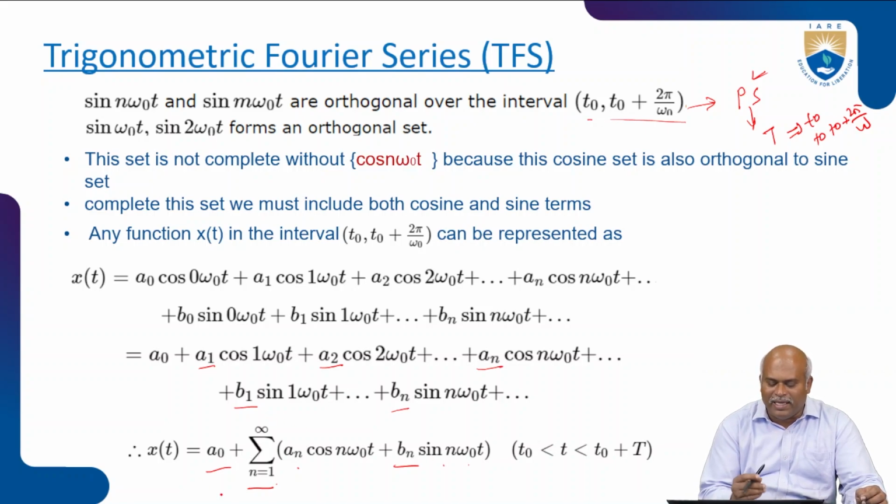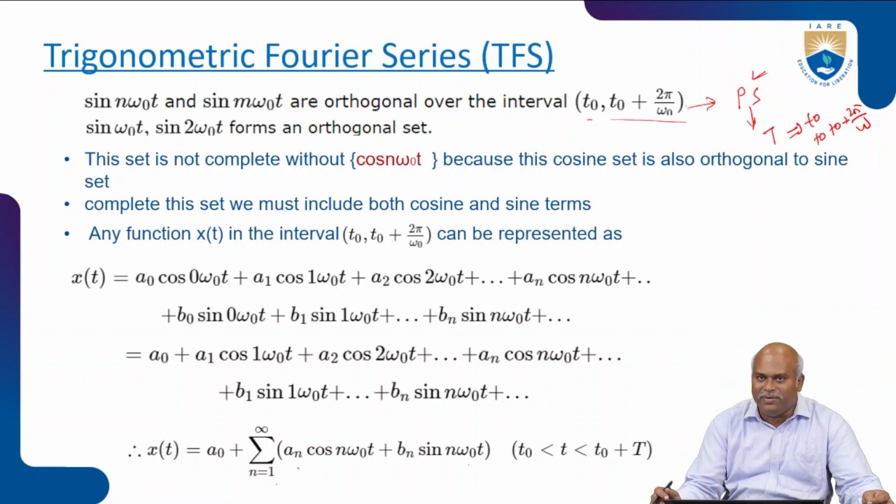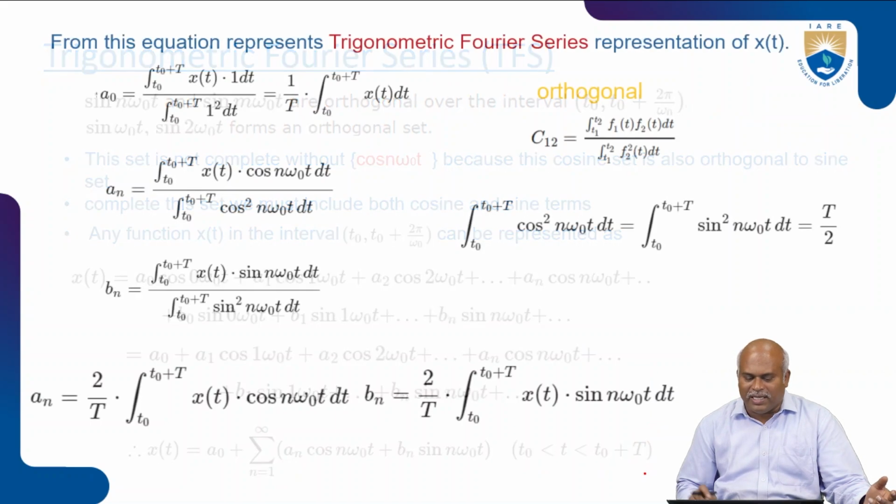This is how I can simplify the equation for the trigonometric series, where the signal is orthogonal with both sine and cosine terms present. This works between t0 and t0 plus capital T, where T equals 2 pi by omega 0. We consider T as the fundamental period of the signal.